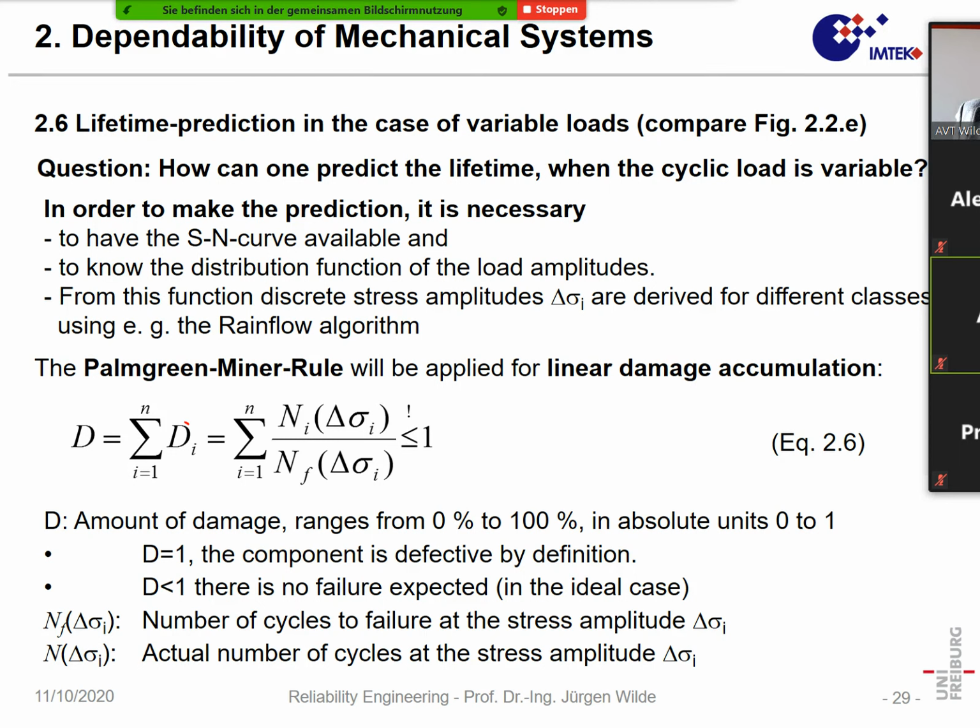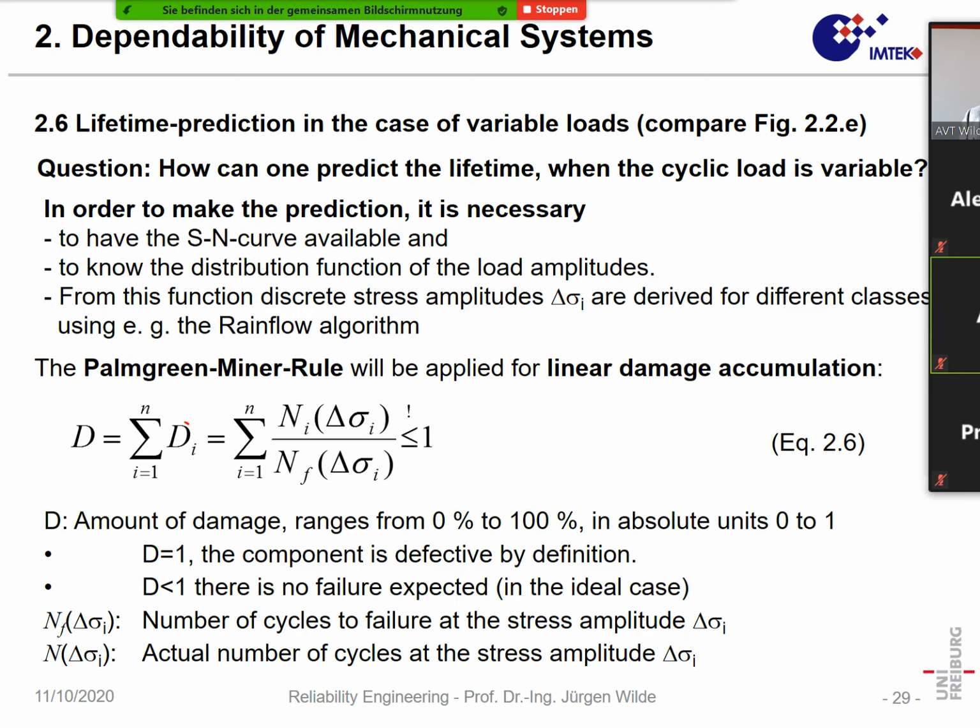So it is not only restricted to mechanical failure by fatigue, but it can also be used, for instance, for electrical load, for failure which is a result of high field strength or so.